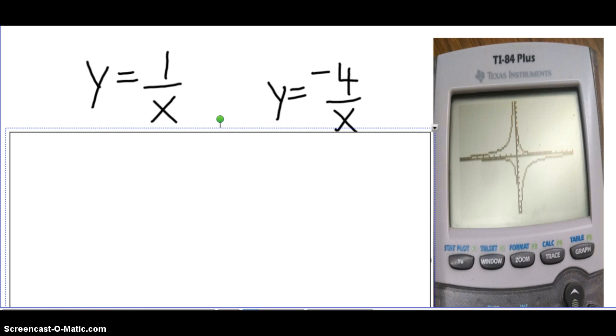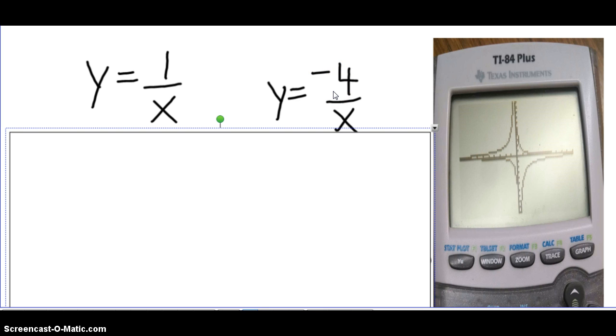And after you decide which one is closer or far away to the origin, before that you try to figure out what type of factor they're stretched by. And usually you can tell that by the number on top, which the number over x is 1, and in the equation y equals negative 4 over x, 1 and negative 4 are both on top.